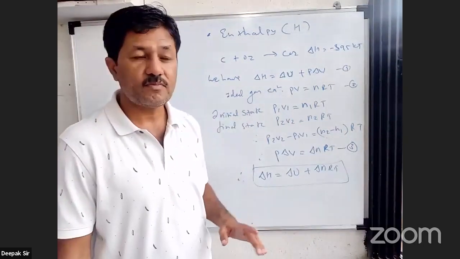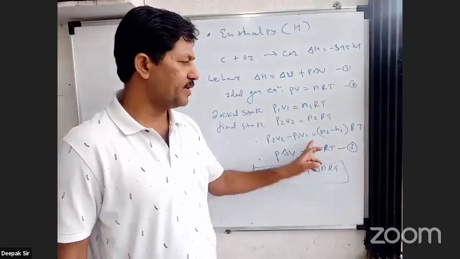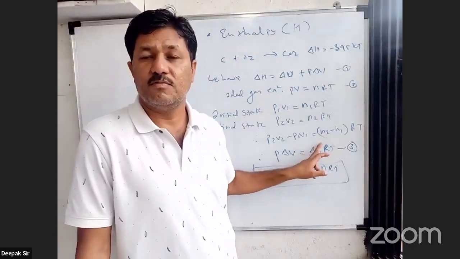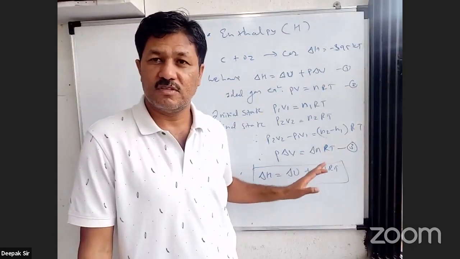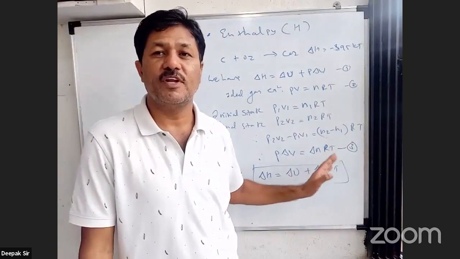You are with us? One more thing, keep it in mind. मैंने ये बताया कि while we are going to put the values and calculate the heat of reaction at that time, we have to put n1 and n2.